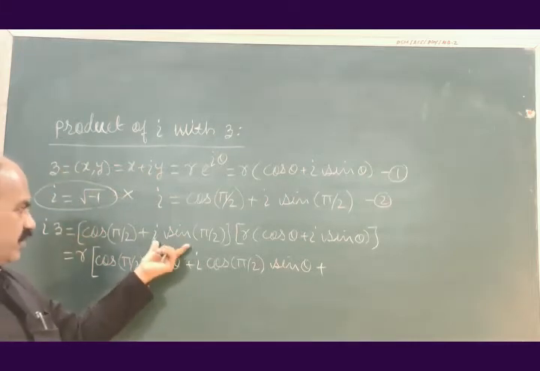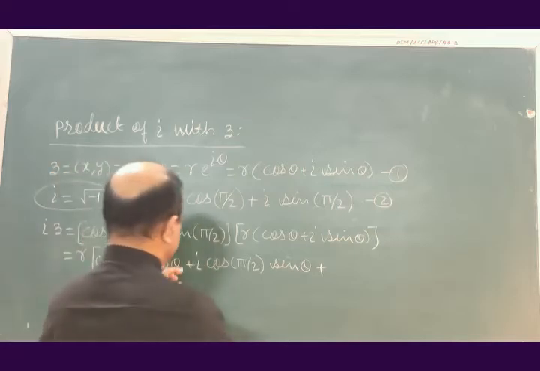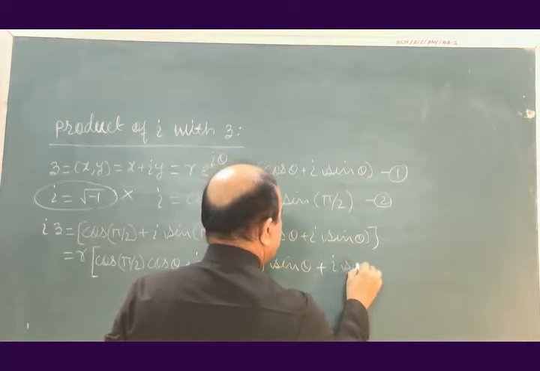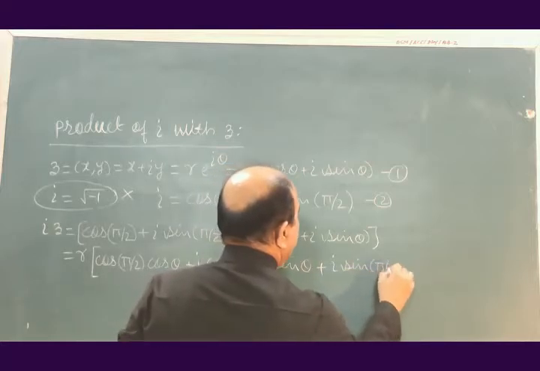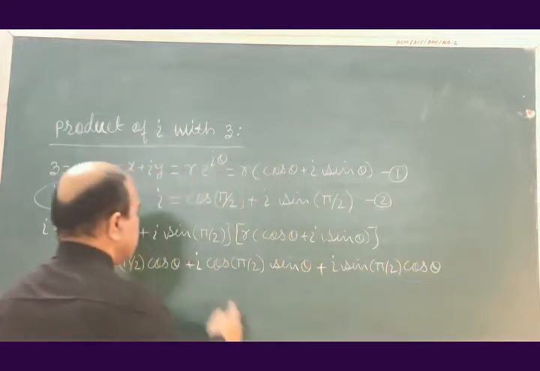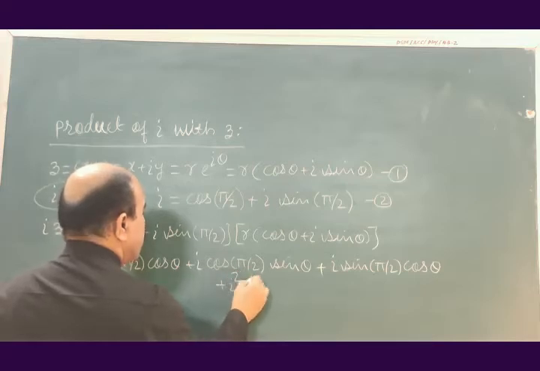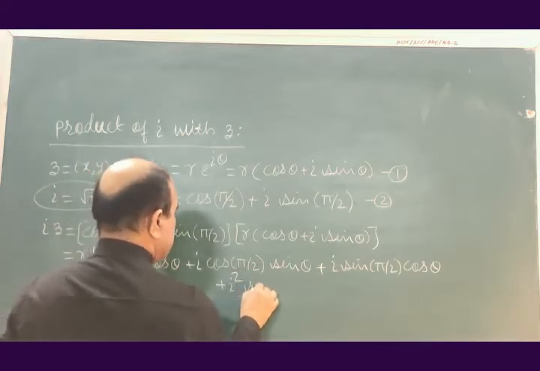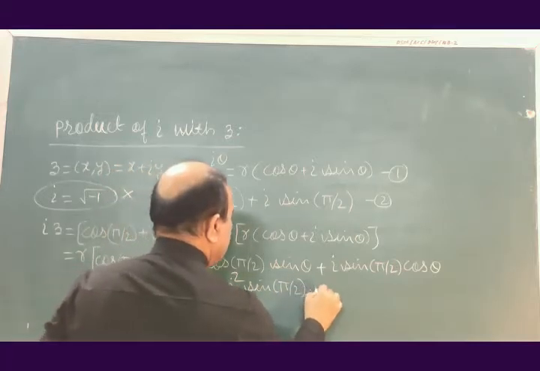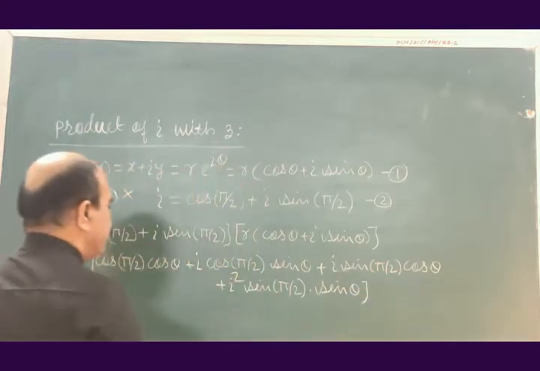Now let us have product of this term with this, and that is i sin pi by 2 cos theta plus i square sin pi by 2 into sin theta.